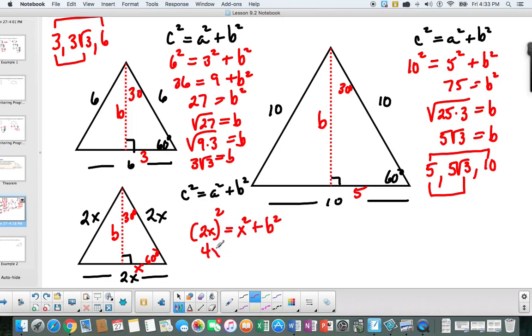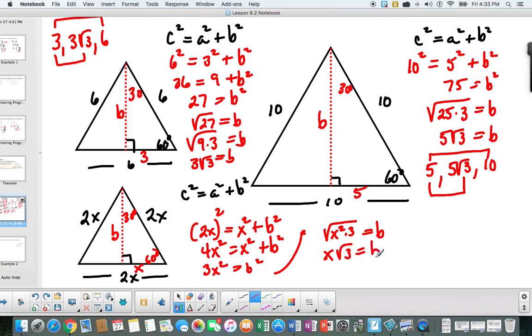This is 4x squared equals x squared plus b squared. B squared is equal to 3x squared. Take the square root of both sides, and I'll get b is equal to the square root of x squared times 3. I'm putting the 3 in the back. Remember, this is going to simplify to x root 3, which means you're multiplying by root 3.